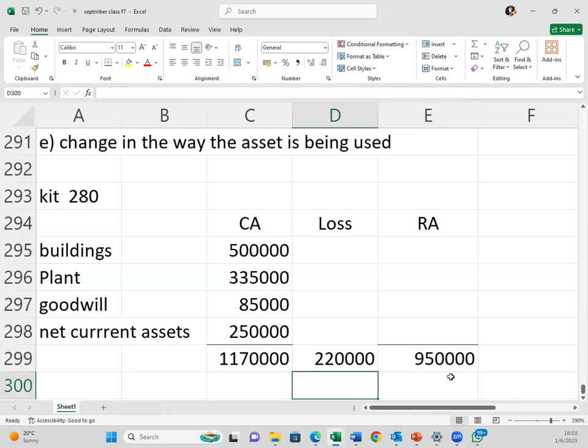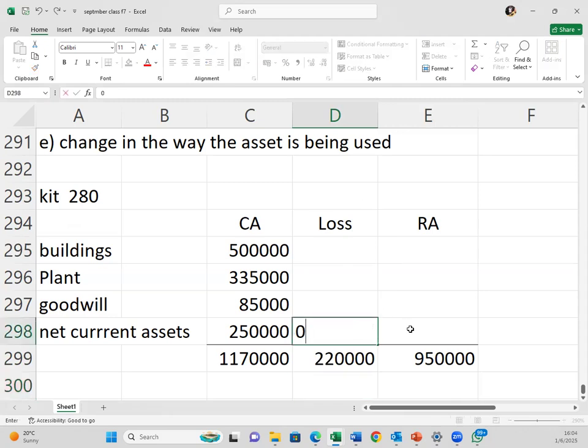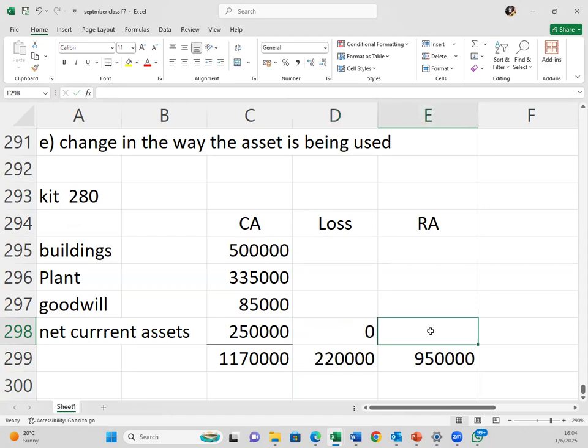So our impairment loss in total will be 220,000. Then we need to allocate this impairment loss over this CGU. For the non-current assets, they are not impaired, so you don't allocate impairment to them. It means they still have a recoverable amount equal to their carrying amount.